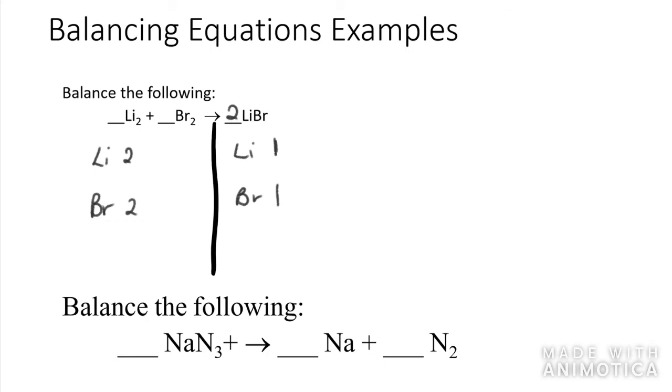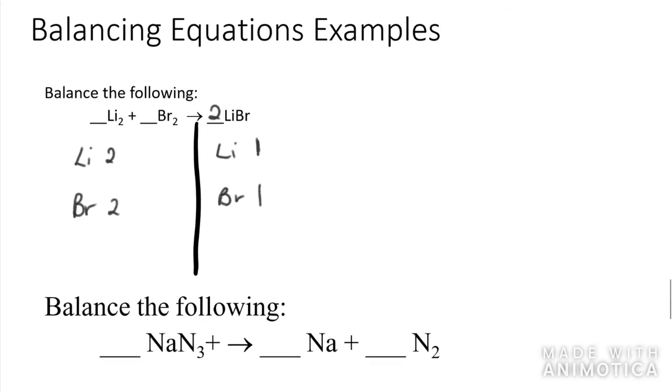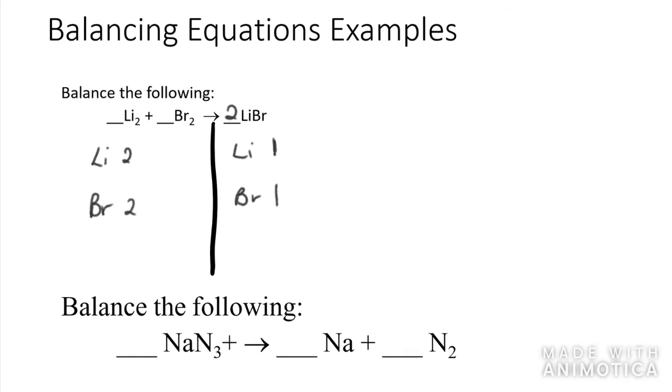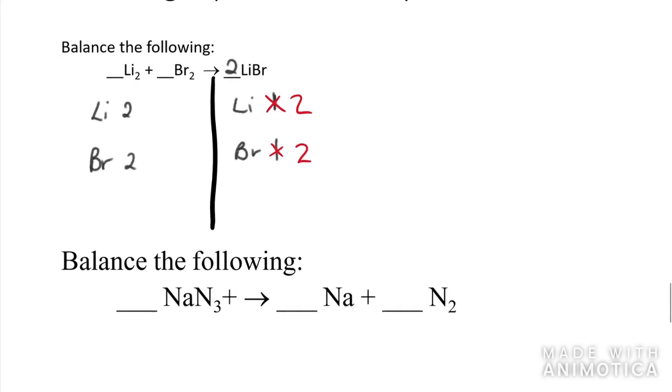So once I've done that, let's rebalance. Now the products haven't changed at all, but the reactants have. So now we have 2 lithium, 2 bromine. Well, we have 2 and 2, which means we're done. We're even. Not so bad.